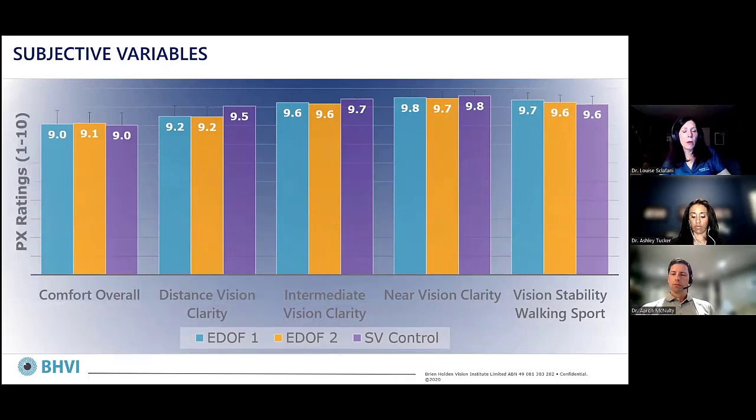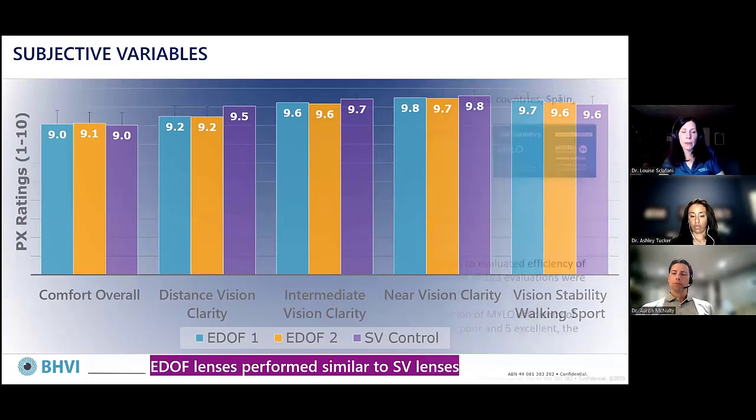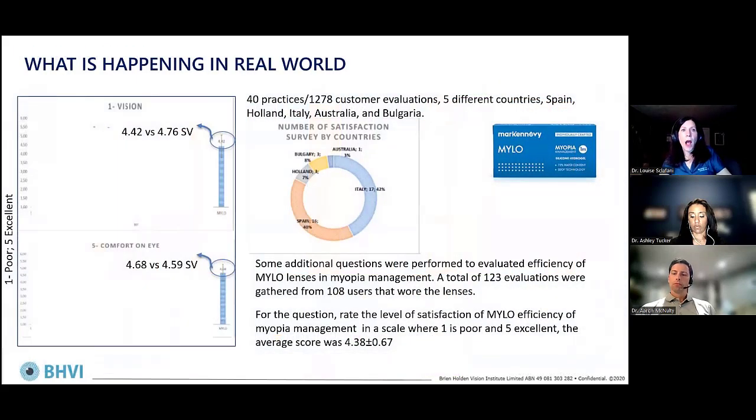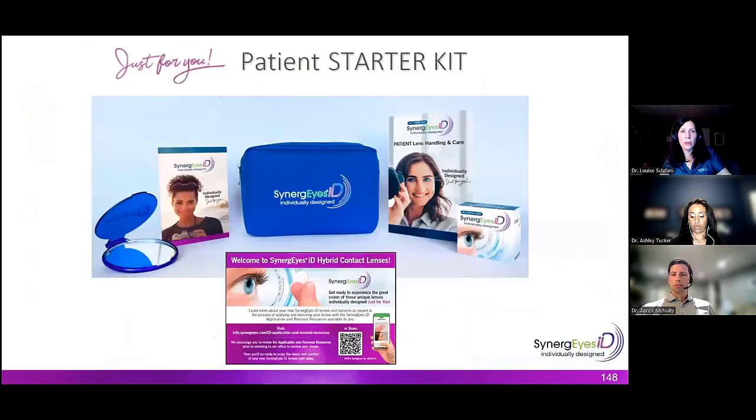The patient needs to have comfortable vision, and when you compared these extended depth of focus lenses to single vision lenses, which you would not expect to have any issues with stability or clarity, it was very comparable, which is great. So keep this in mind. It's very helpful, and it's happening in the real world. It's multiple practices in Europe, and they're showing success.